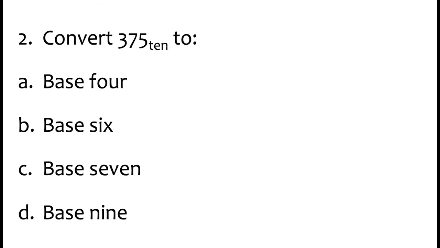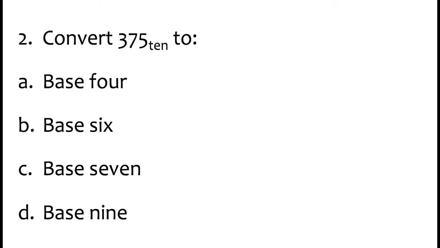We are to convert 375 base 10 to A, base 4, B, base 6, C, base 7, D, base 9. I want to explain something. 375 base 10, you mustn't put the 10, because it is natural numbers we are operating.